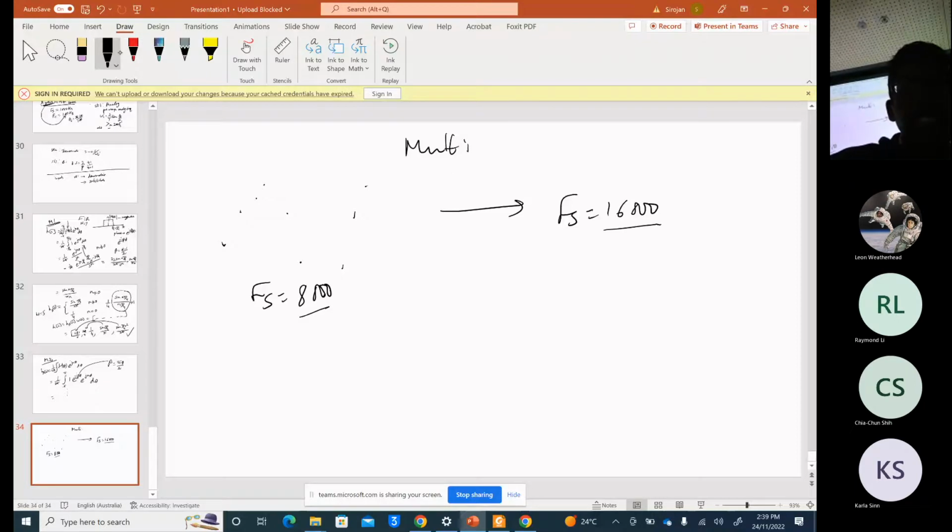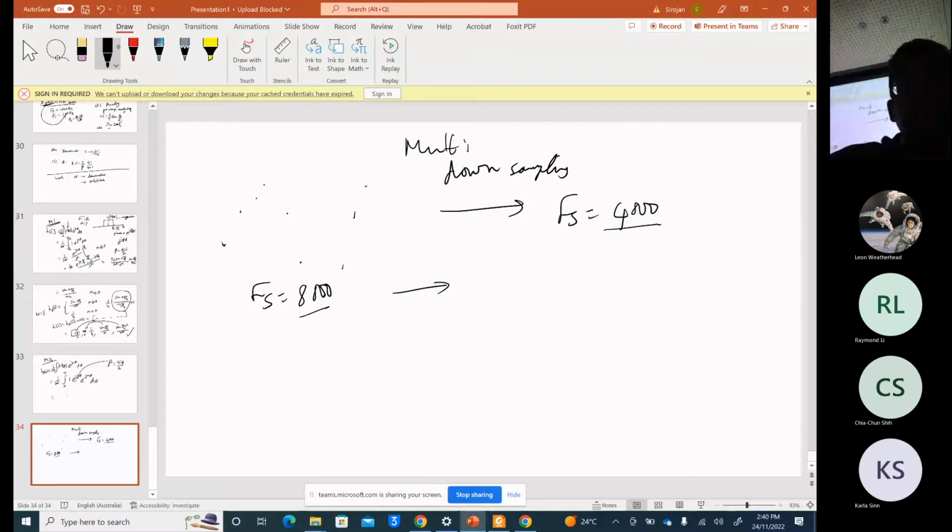So what we are doing is downsampling. Downsampling means reducing the sampling frequency, so we are bringing it to 4,000. That means we have to remove samples, so we have to remove one sample here.